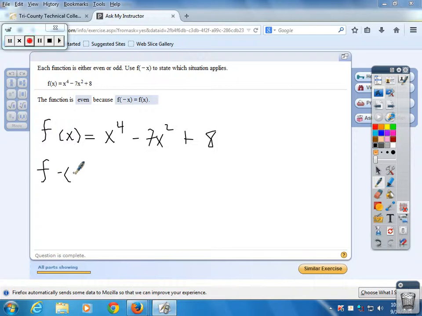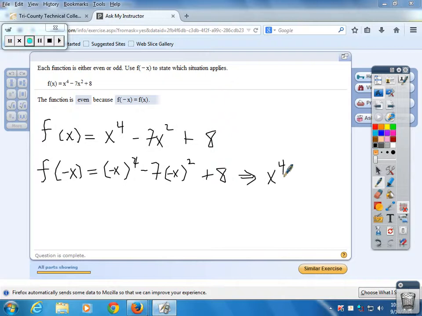F of negative x is equal to parentheses to the fourth minus 7 times parentheses squared plus 8. And that's a negative x there and a negative x there. And what will that yield? Well, this comes out to be x to the fourth.